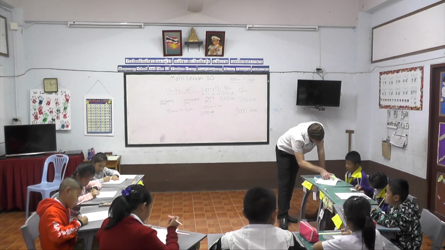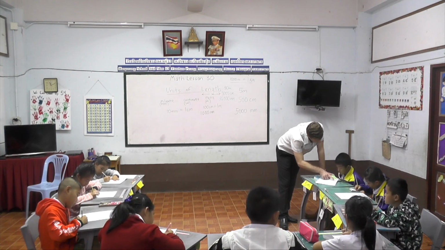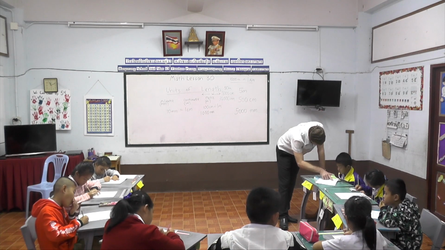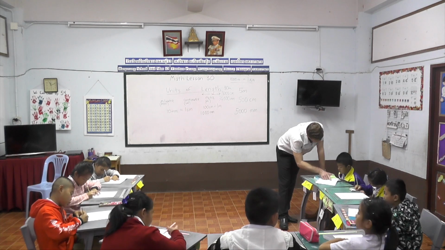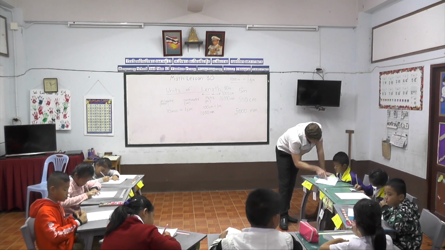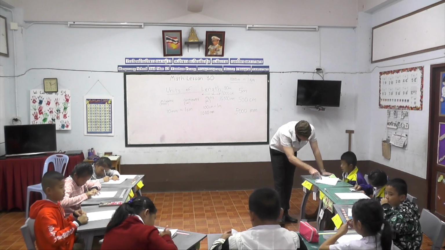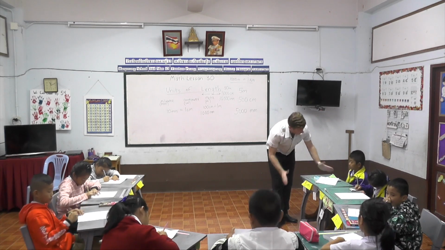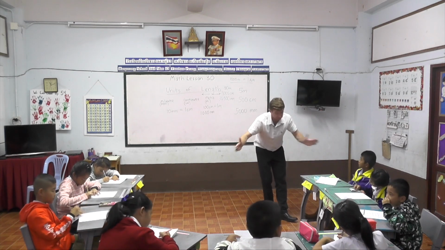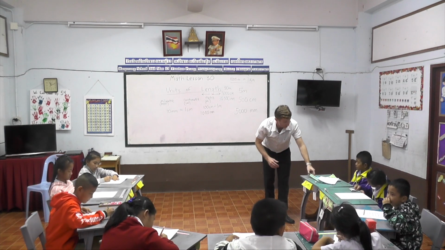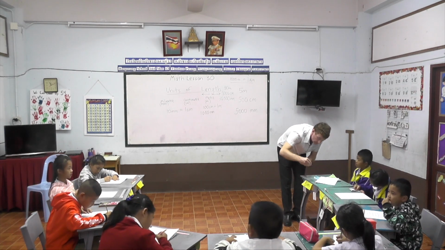So you can see 3,500 centimeters, 35 meters, 35,000. It is excellent, that's good. Understand? Because they're the same amounts, but different units. Like we have millimeter.